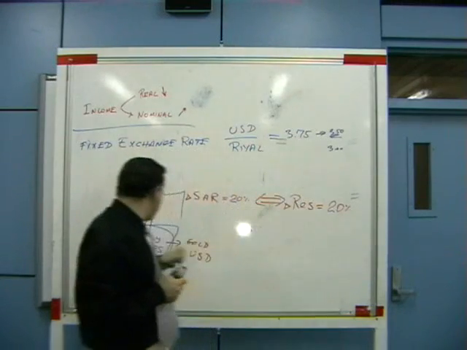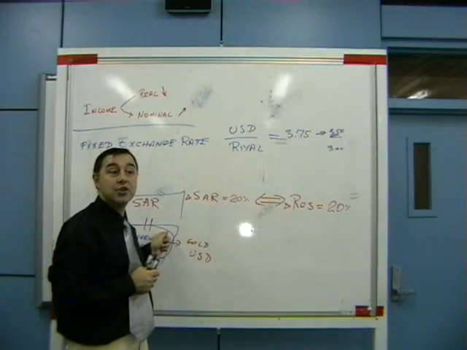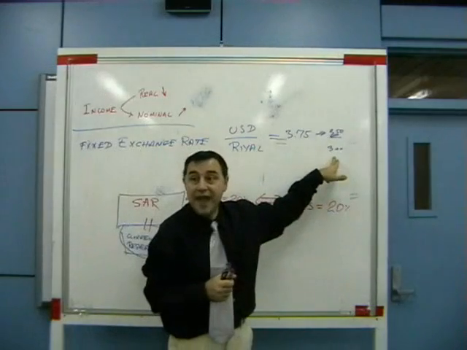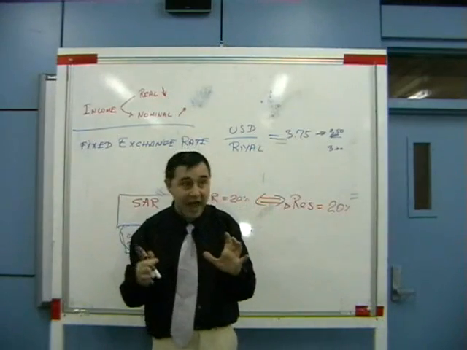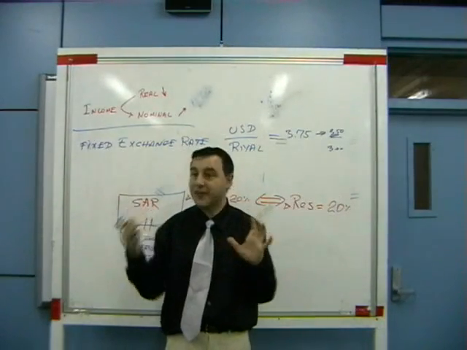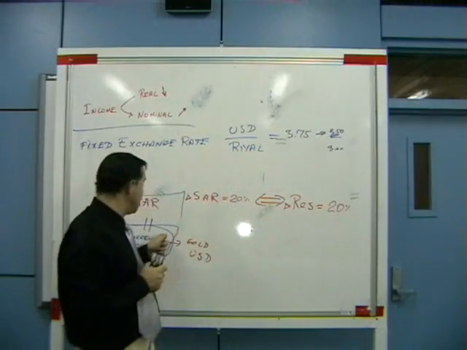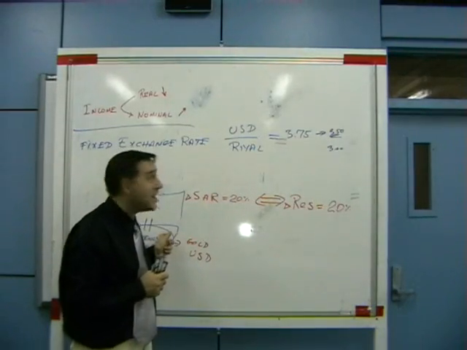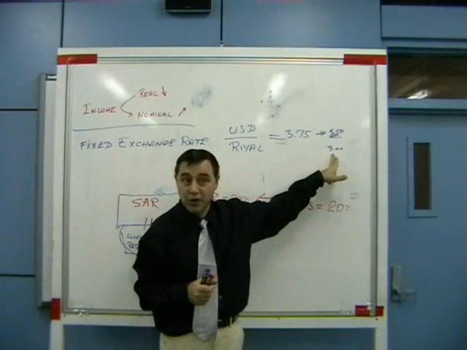So, even though Saudi Arabia may be accumulating Riyal, if you revalue, the quantity of Riyal will not be increasing as fast. In other words, you increase reserves by 20%, but you revalue by 20%.